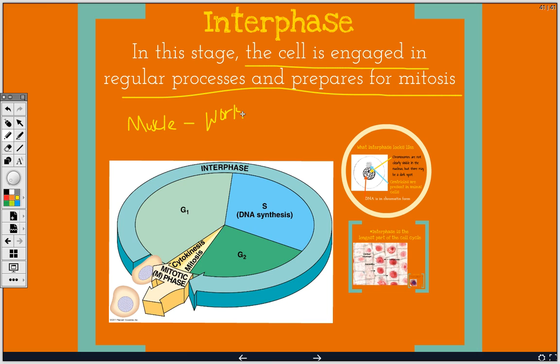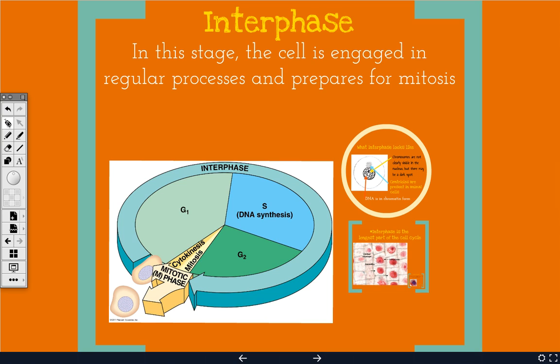It's performing its muscle duties. It is also probably preparing itself for mitosis, so it might be making more DNA. A skin cell might just be there, blocking everything like diseases from coming inside our body. So it's performing its normal function.